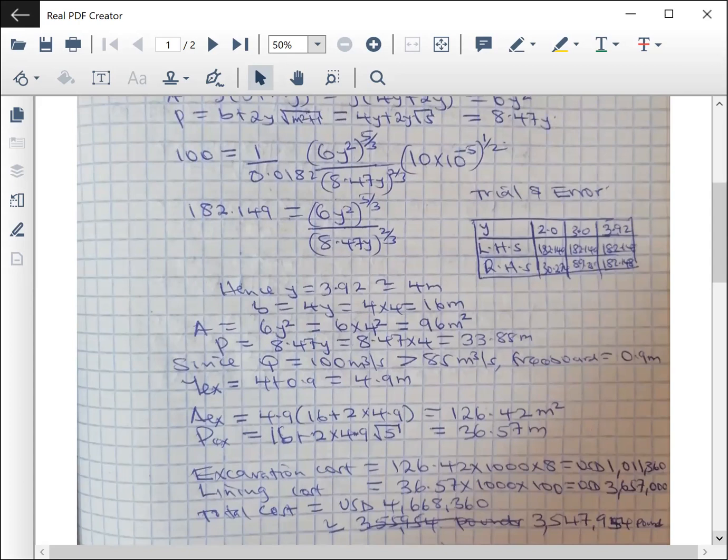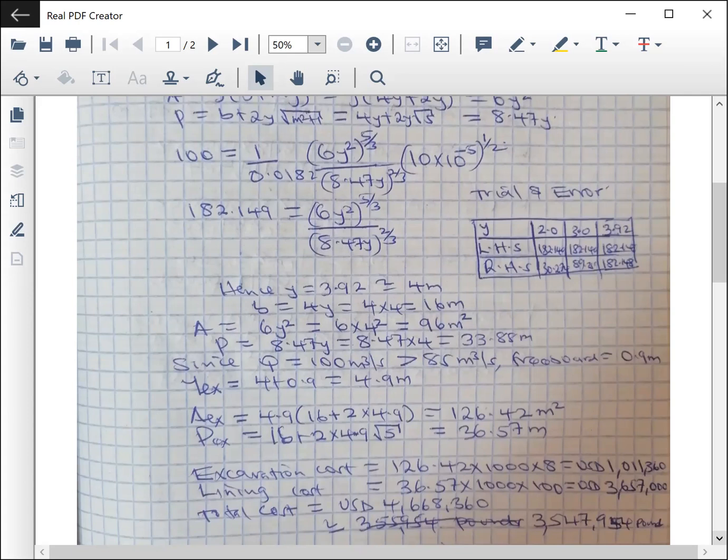Now, since Q is 100 cubic meter per second, which is greater than 85 cubic meter per second, we add a freeboard of 0.9 meter. We have another table which specifies the limits. So when your discharge is more than 85 cubic meter per second, we provide a freeboard.